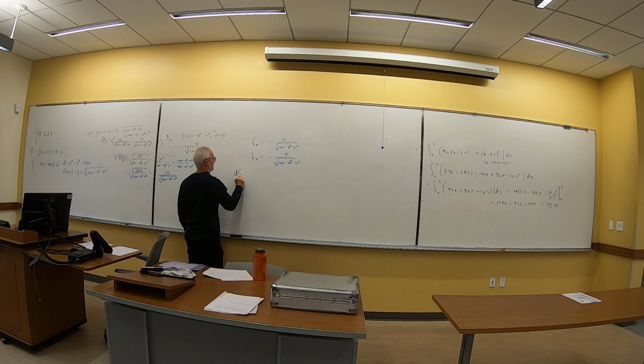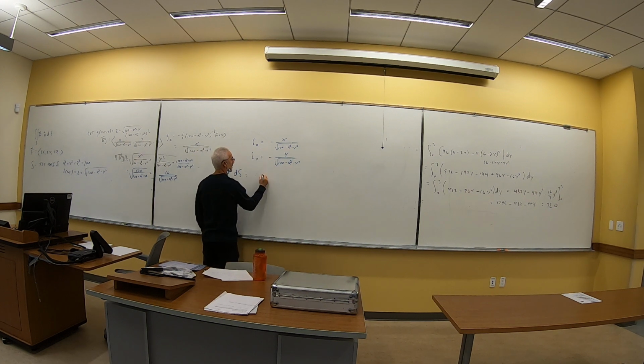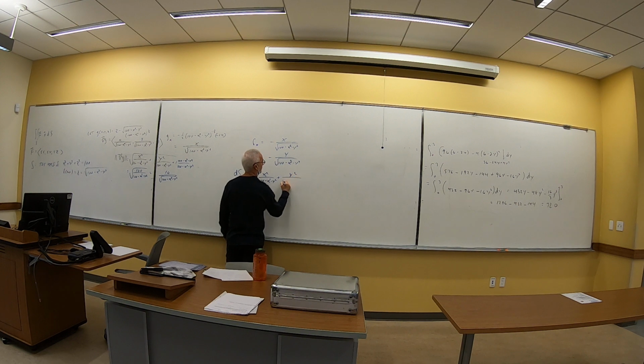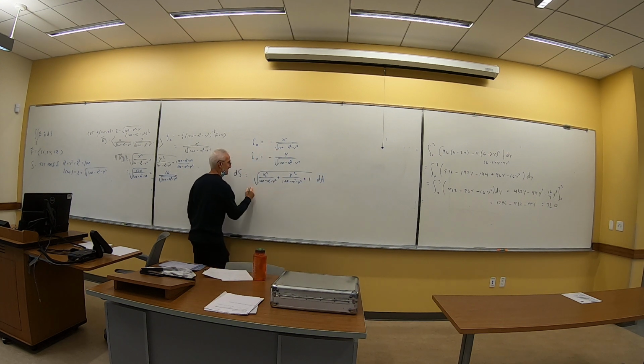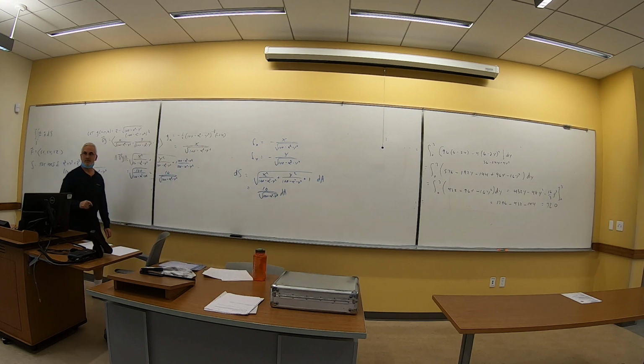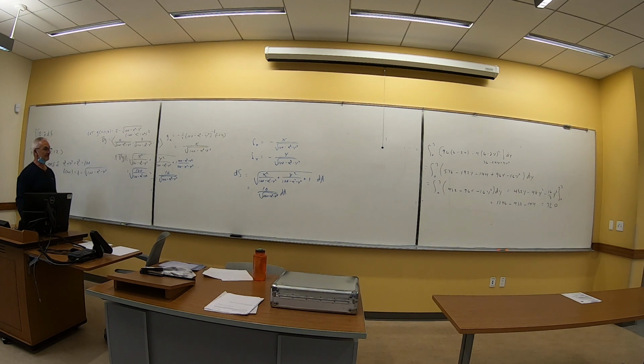And therefore, ds is going to be the square of this plus the square of this plus 1 dA. Well, we just did something like this, so that's going to be 10 over the square root dA. Kind of fast forward it because we had just done a lot of that algebra already.